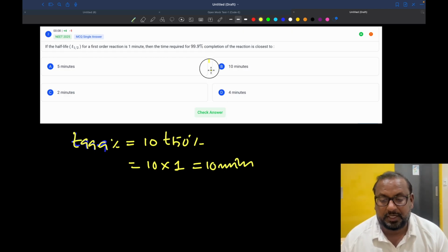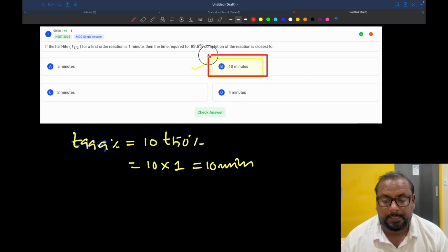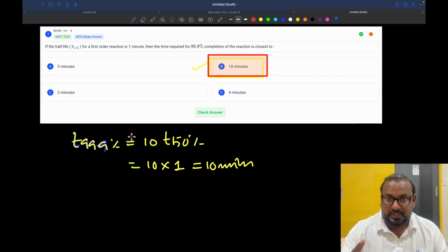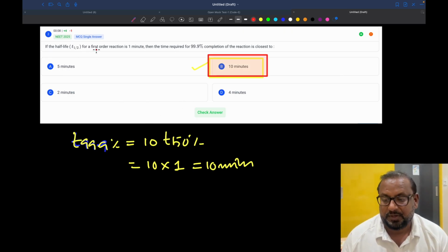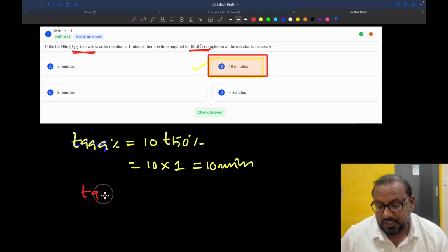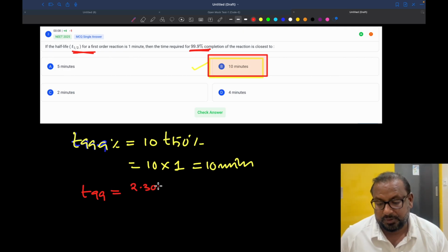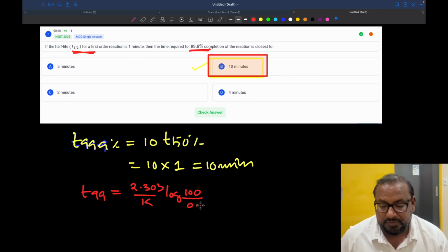If you know the formula, you can directly plug in and answer the question. So the answer is 10 minutes. If you know the answer, you can solve it directly. Otherwise, I'll tell you the best method to do it also. We are comparing t 50% and t 99.9%. t 99.9% equals 2.303 by k into log 100 by 0.1, since 99.9% is completed and we are left with 0.1.